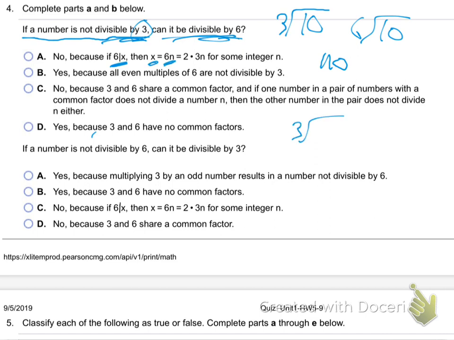So that makes sense. Like if 6 goes into 12, which it does, it goes in there 2 times. So if 6 goes into x, then that number x can be written as 6 times n. In this case, 6 times 2.